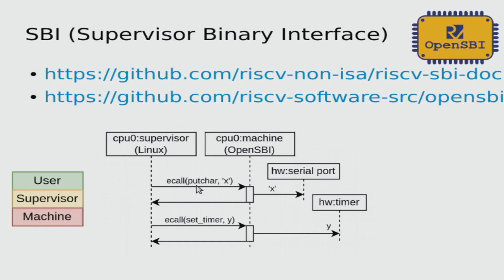For instance, Linux can say, please put a serial character on the terminal, or Linux can ask, please set a software interrupt in 10 milliseconds for me. There is really a bunch of functionality implemented in this machine mode BIOS, which is still running while Linux runs. You have a specification for it here, and an open source implementation here named OpenSBI.